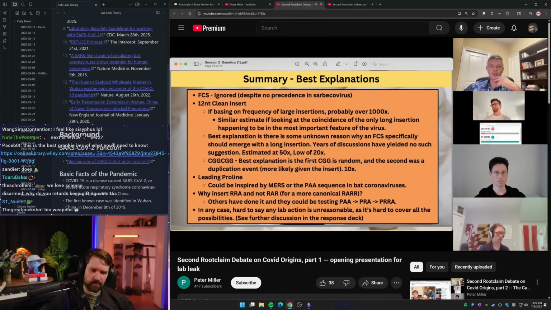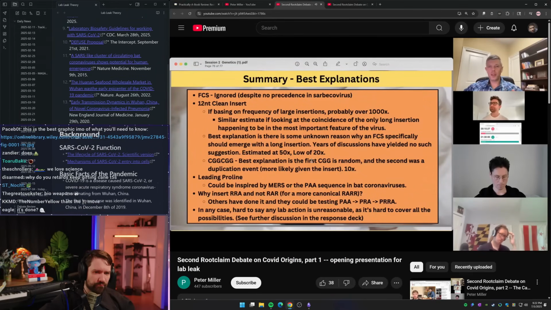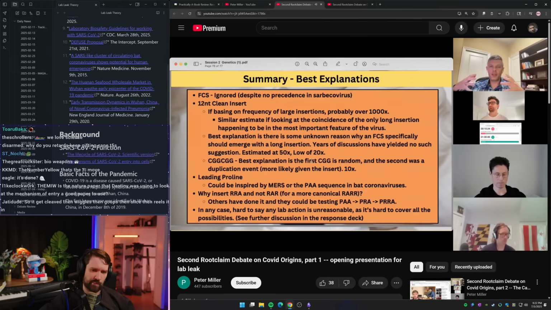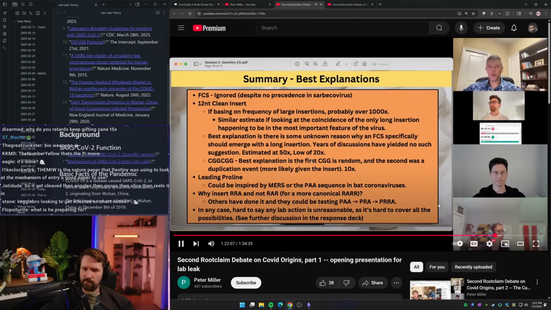This is the final slide, the best explanation slide, and this is the root claim process where, before assigning probability scores, the base factors, basically it's trying to steelman both hypotheses, presenting the best arguments for each hypothesis, and then comparing evidence for both.